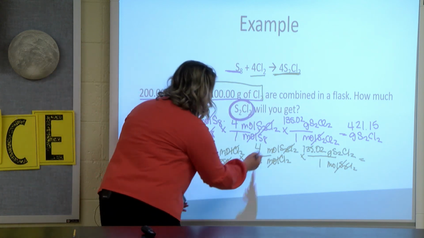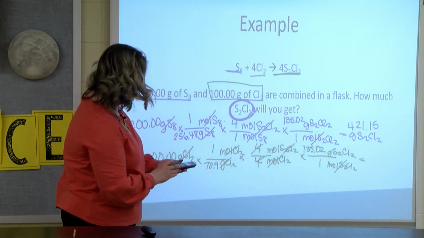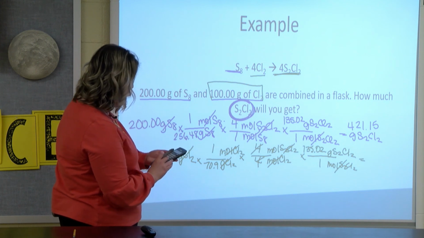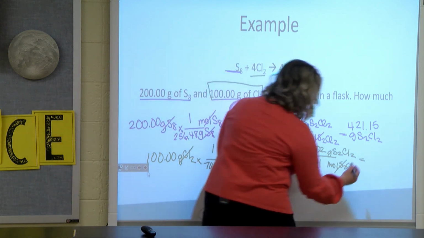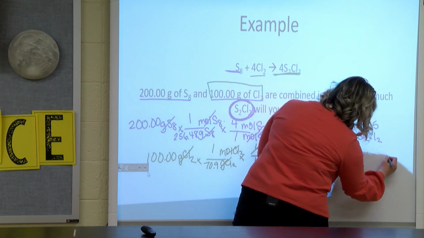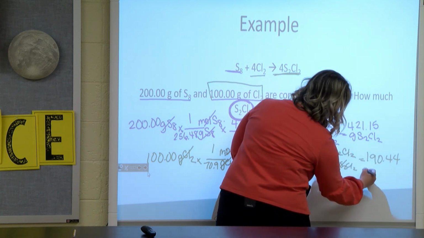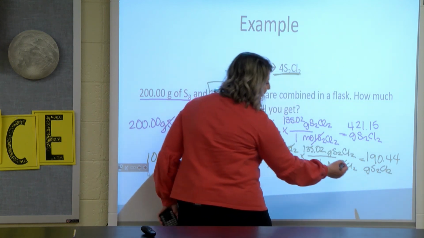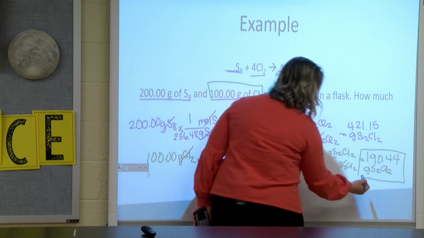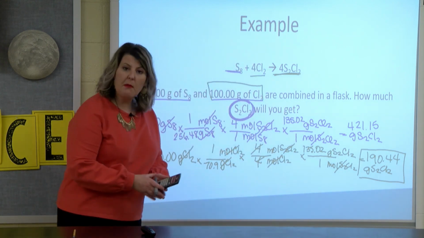This 4 and 4, they cross out because they're the same number. And then I'm going to say times 135.02. Now this problem gives me 190.44 grams of S2Cl2. So I actually make that bottom one because it's smaller.